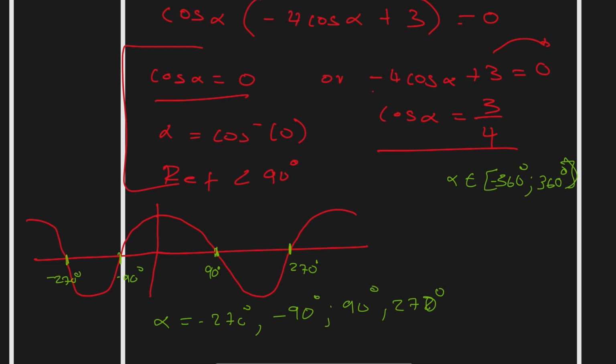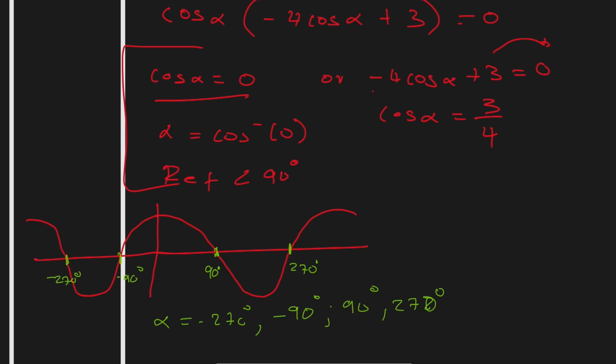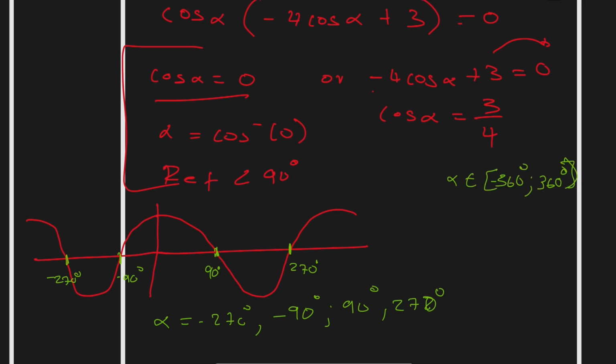Now on this other part, what are you going to do? You're also going to do the very same thing. You're going to look for the reference angle. So what is your reference angle? My reference angle is where you're looking for alpha, and you have cos of second function 3/4.